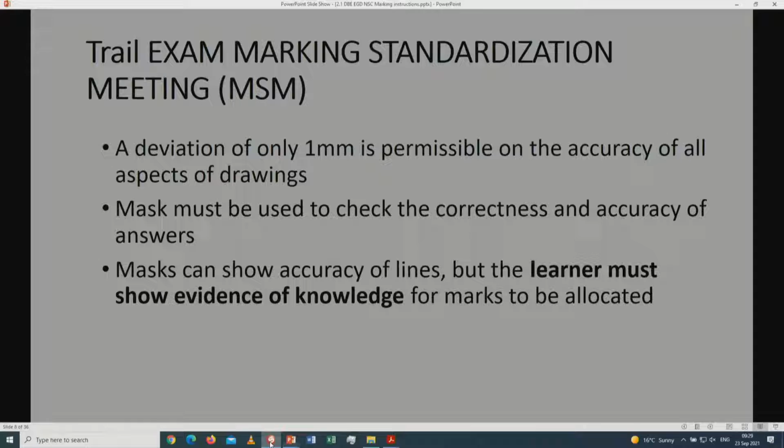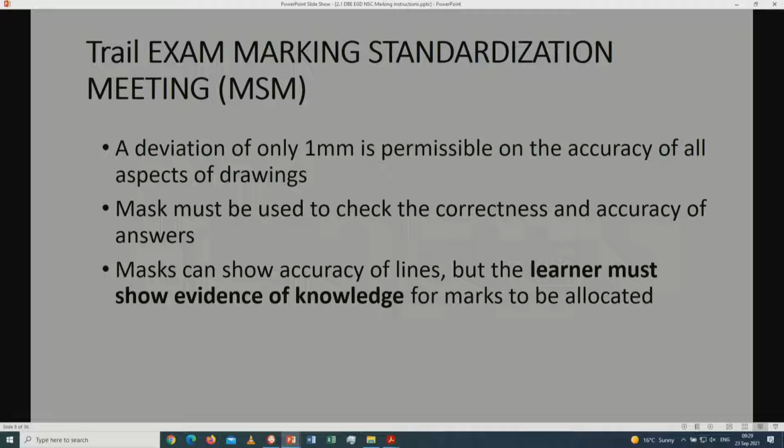But yes, does the learner bring knowledge to the table? Yes or no? So if, say for instance, you do have an exam paper, and that exam paper is done totally wrong in terms of many of the aspects that you see over there.